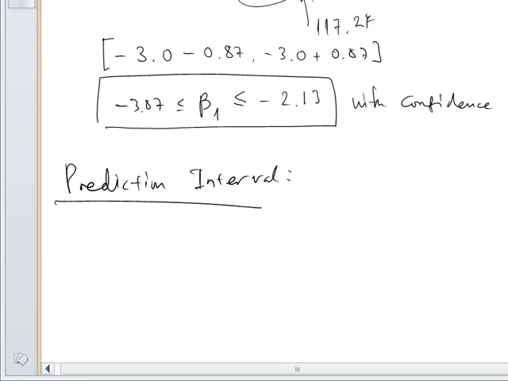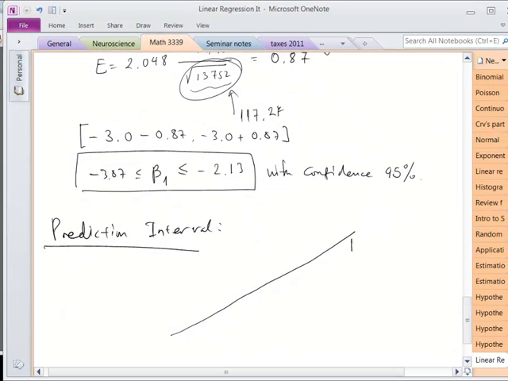What is the prediction interval? Here is our regression line. What is the regression line? It gives the mean value of y, that actually y bar is the mean value of y when the first random variable x took the value lowercase x.